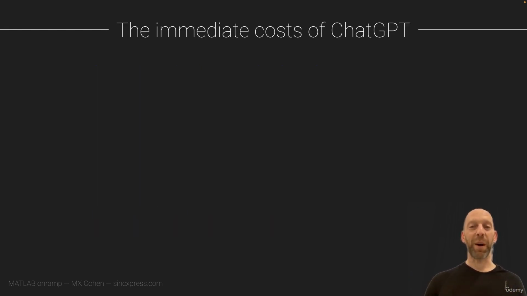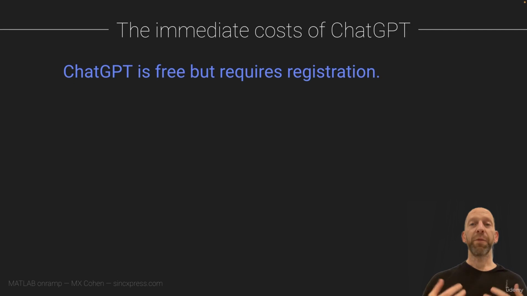Okay, next I want to talk about pricing. I'm recording this in May of 2023, so I will update this part of the video if things change dramatically in the future. But right now, it is free to use ChatGPT. It requires signing in or creating a login with openai.com. I will show you how to do that in the next video. You can then access ChatGPT for free.